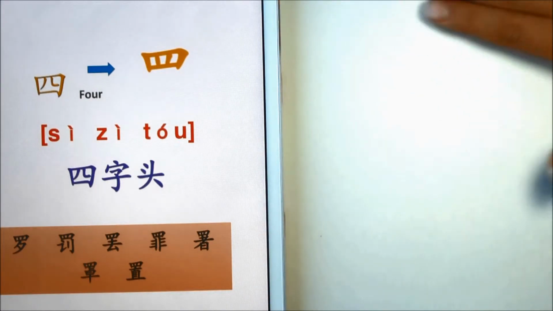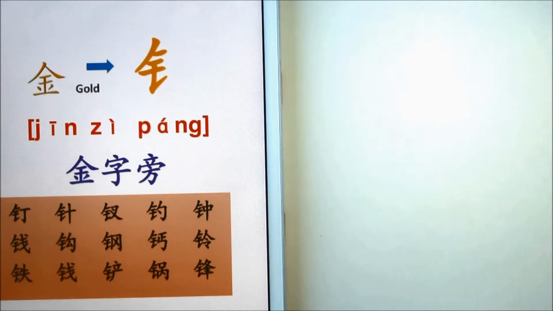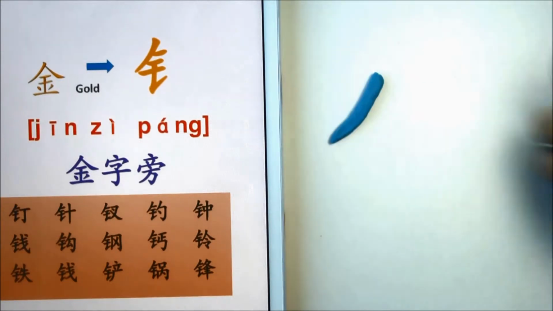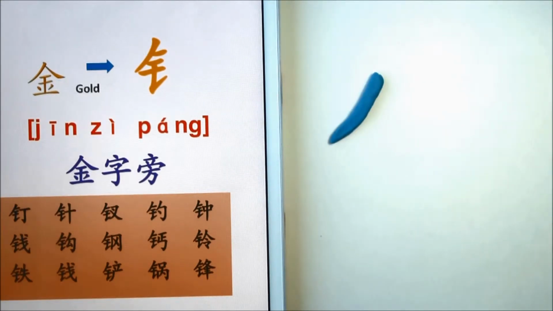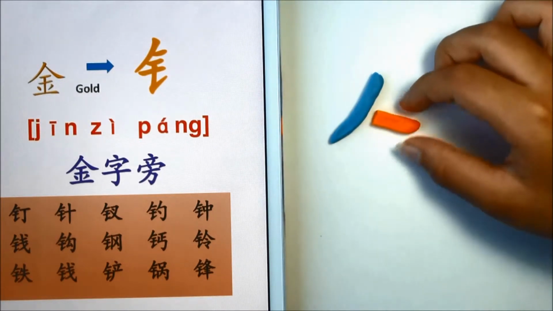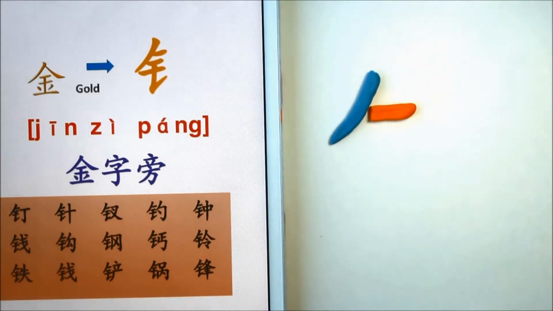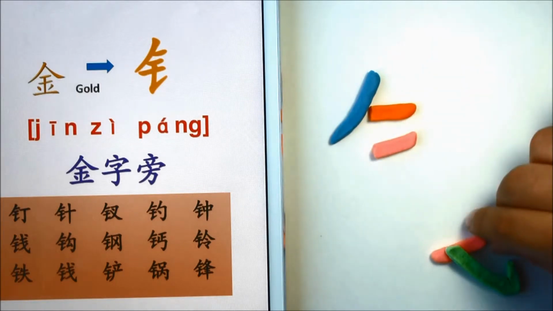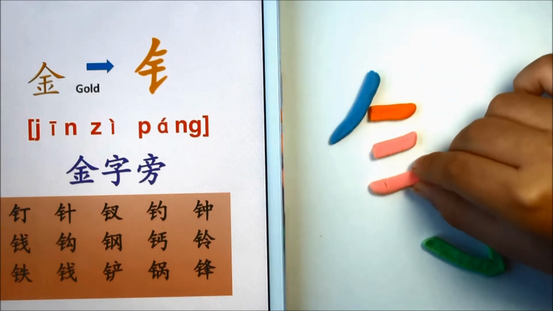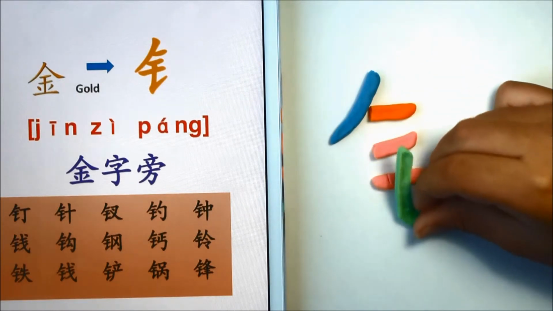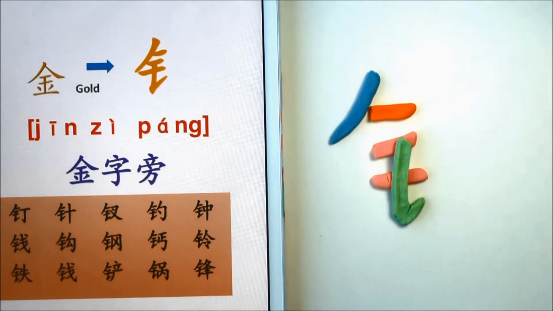For the third radical, we use a downstroke to the left, a horizontal stroke, two more horizontal strokes, and finally a vertical stroke with a hook at the end.